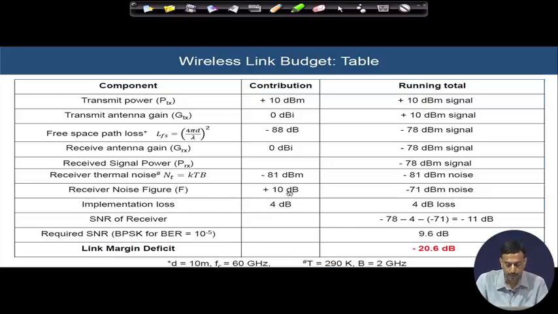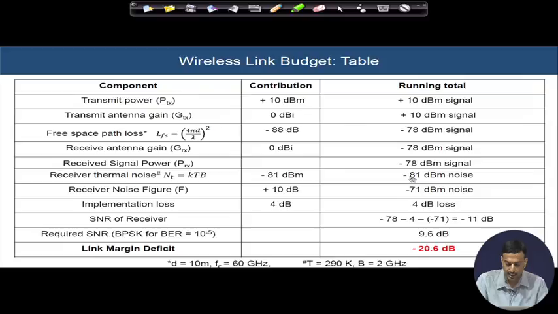So we substitute this value over here, and we get basically the noise value as minus 81. The signal value we have obtained up to this point is minus 78 dBm. So we are separately calculating noise in these two rows, remember that. We consider a noise figure of 10 dB. So the addition of noise inside the receiver is factored over here. So minus 81 plus 10 dB gives us a total noise power value of minus 71.